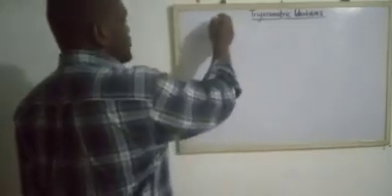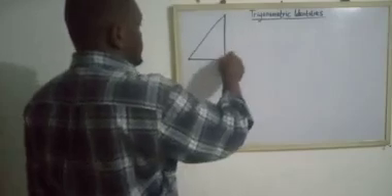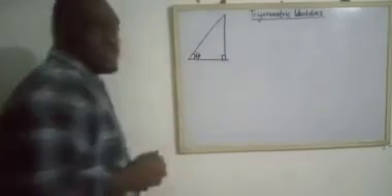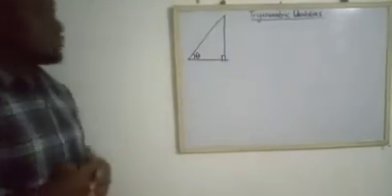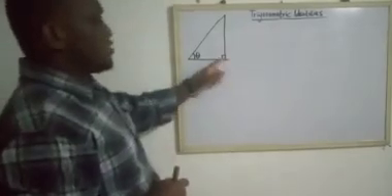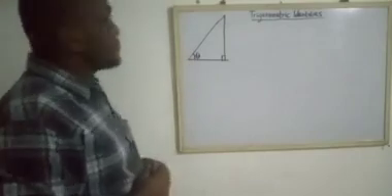Let us consider a right angle triangle drawn just like this. Okay, so this right angle triangle has a side which is perpendicular. It also has an angle theta embedded in it.